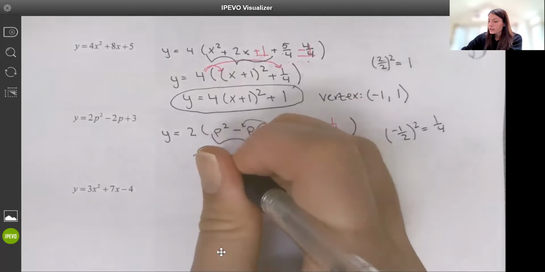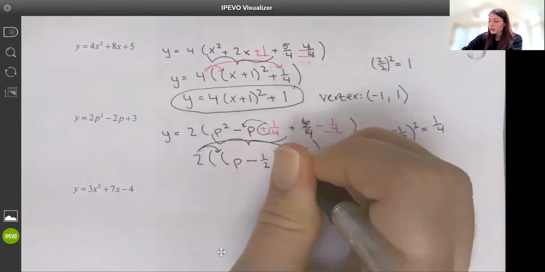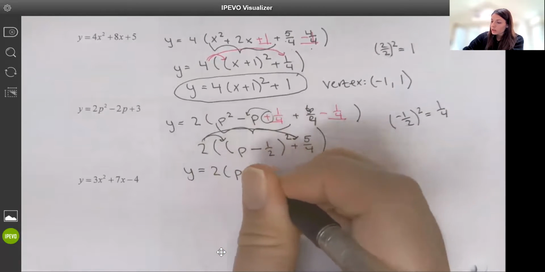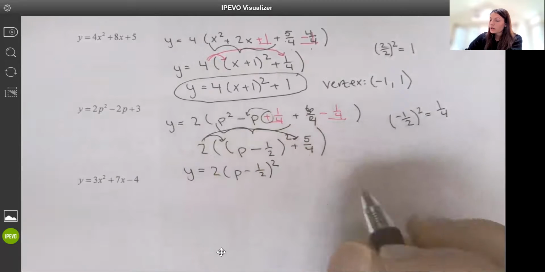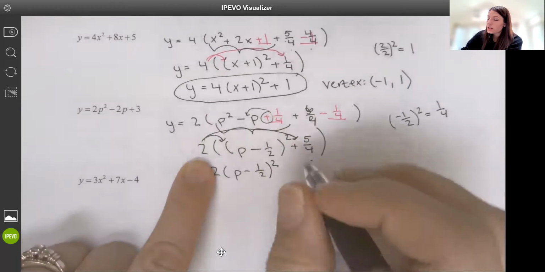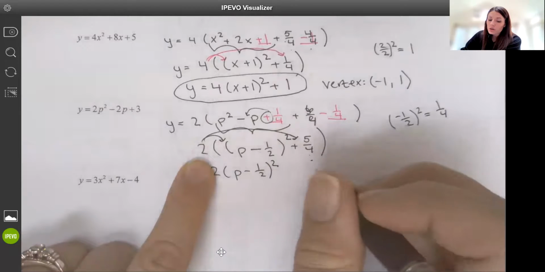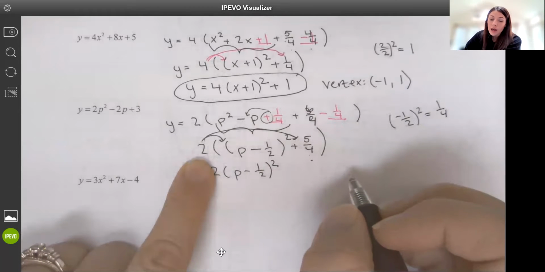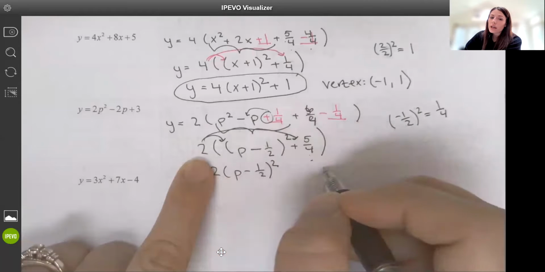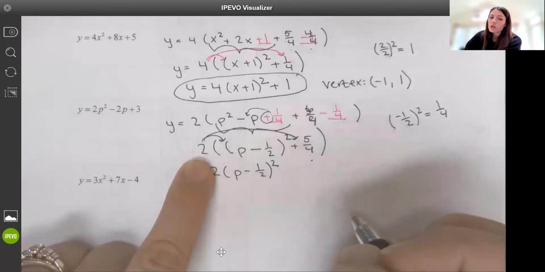And then again, that last step, get that 2 back in there. So that's going to give me 2 times p minus 1/2 squared. And then 2 times 5/4 is going to give me 10/4, or reduced to 5/2. Another way to think about it is 2/4 reduces to 1/2, and then I have the 5 in the numerator.